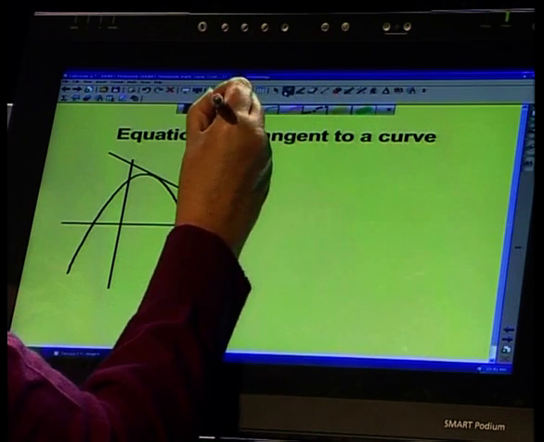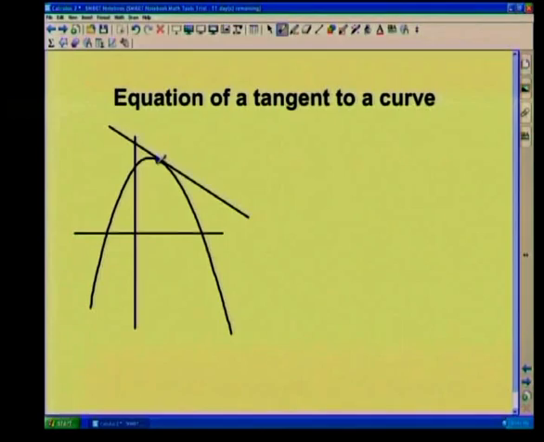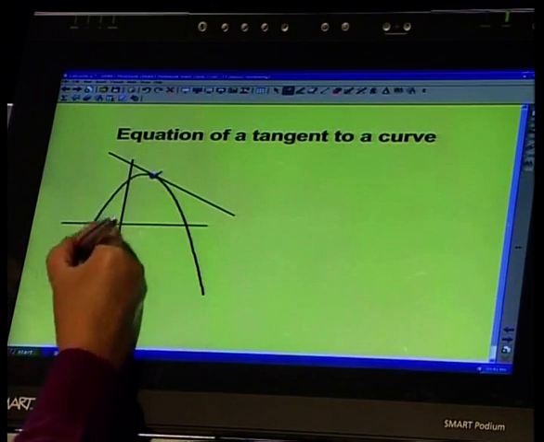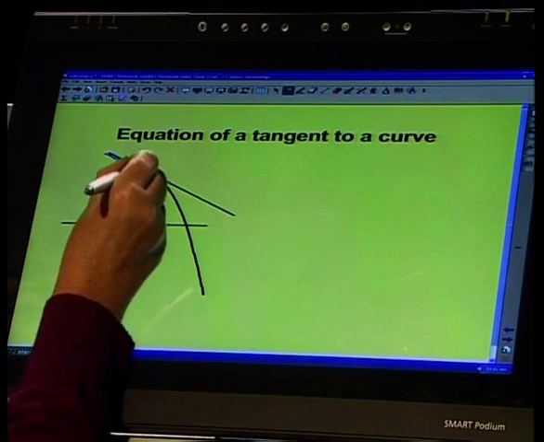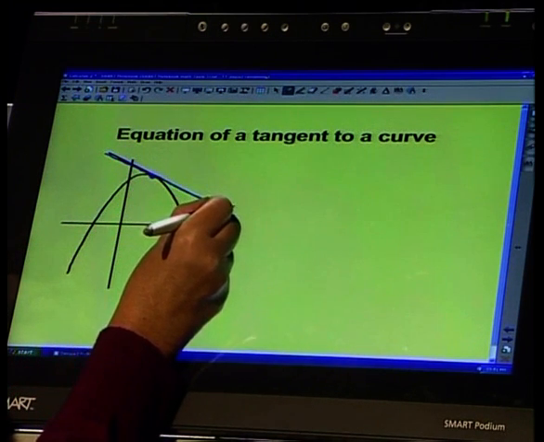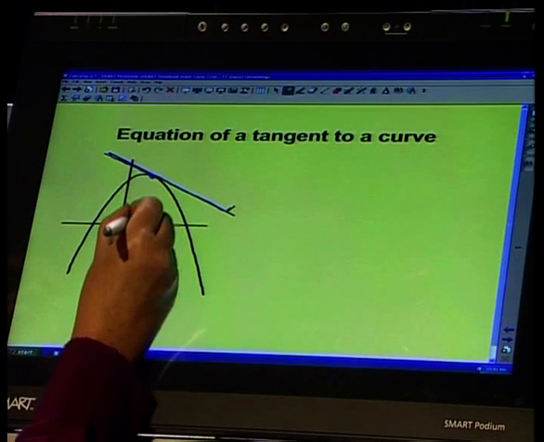If you remember, I'd stressed that at this point, the gradient of this curve is equal to the gradient of the tangent. Now, of course, the gradient of this curve keeps on changing. But at this point, whatever that gradient is, will be true for that entire line. So it's quite an important thing to be able to do.